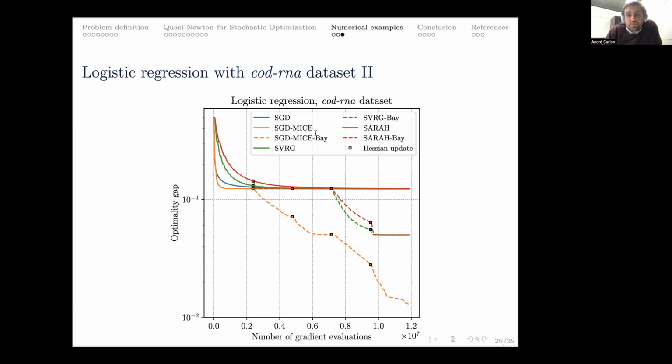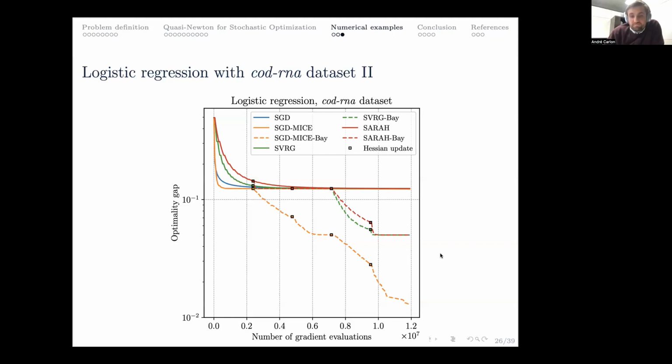And we have their counterparts where we use our Hessian preconditioner in dashed lines with the same colors. As in the previous case, they get stuck at some point, walking very slowly after that. Once we start to update the preconditioner with our method, the dashed line deviates and keeps converging. Even for SARAH and SVRG, it's not as much of an advantage in this case, but still it works.